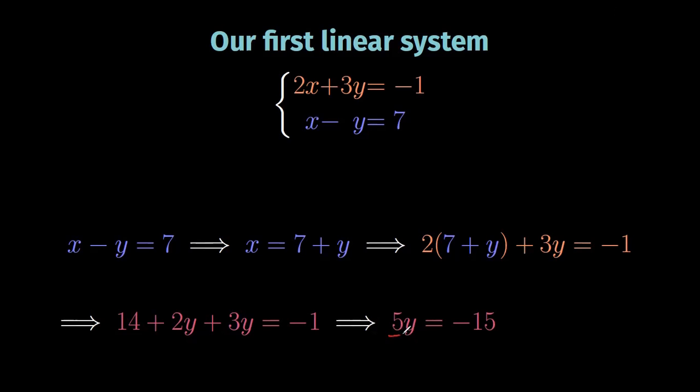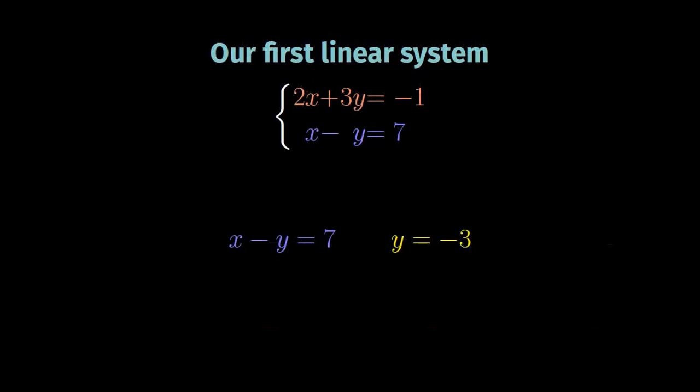We divide both sides by 5, and we obtain y equal to -3. We now only need to find the value of x. It is sufficient to remember the blue equation, x minus y equal to 7, and the value that we just found for y, that is -3.